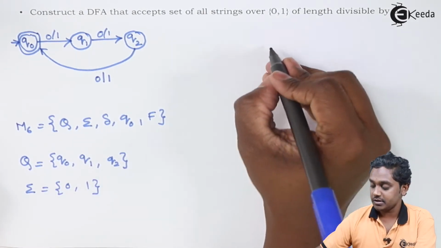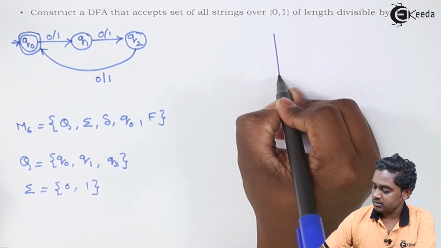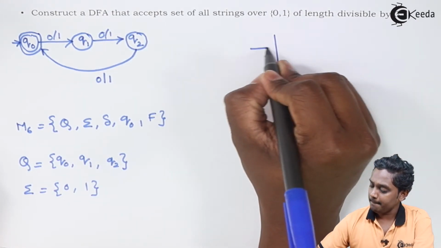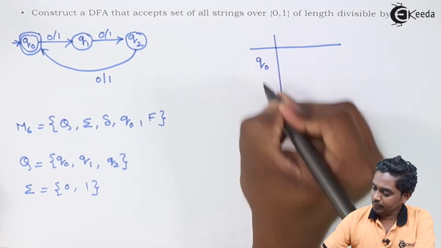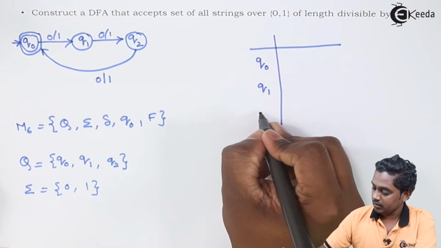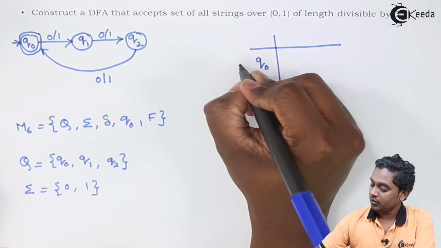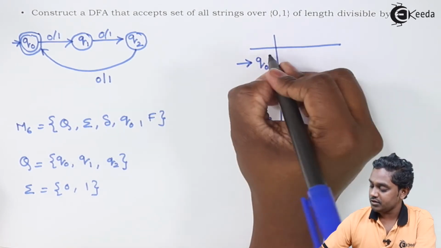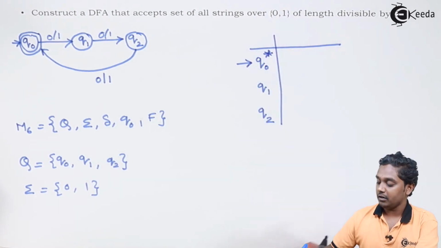Delta, let's draw the transition state table. Q0, Q1, Q2. Q0 is the initial state, which is apparently the final state also.